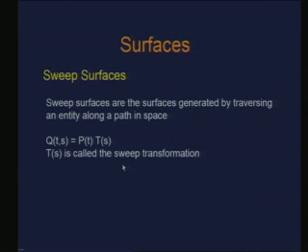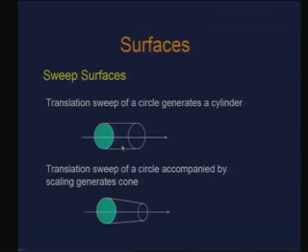right. So, one of the simpler transformations which you can see and construct surfaces with is that if I use a translation sweep of a circle, then it can generate a cylinder, right.